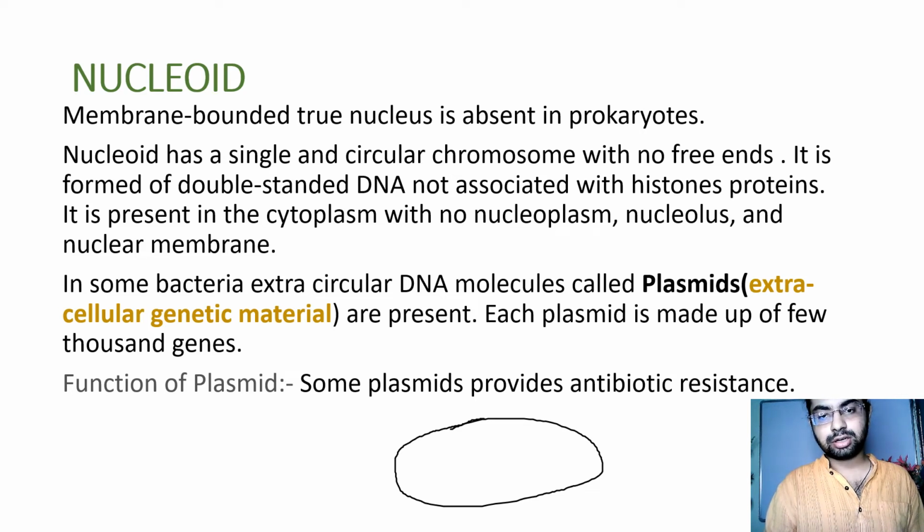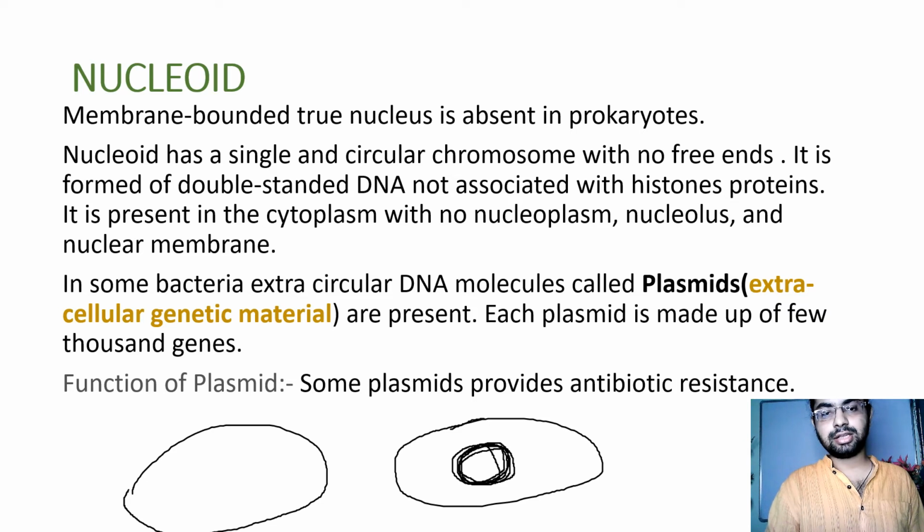In eukaryotes, there is a proper membrane bounded central part called the true nucleus. But in prokaryotic cells, this membrane bound true nucleus is absent.